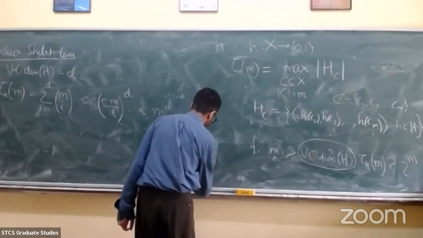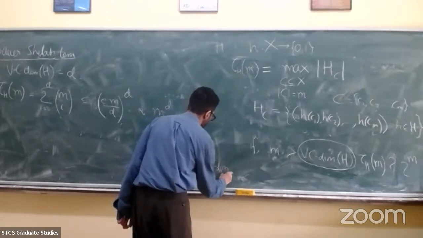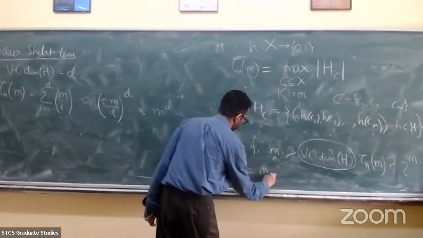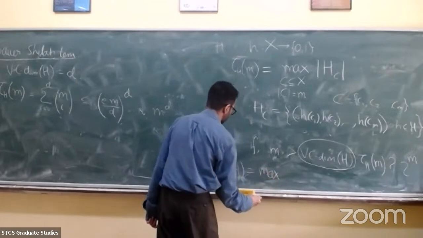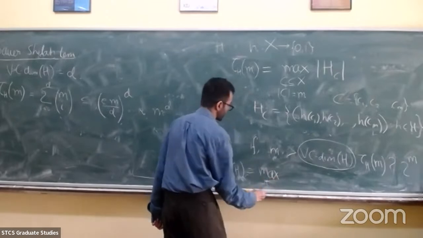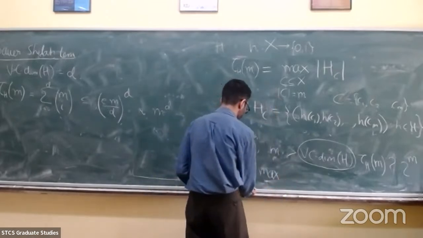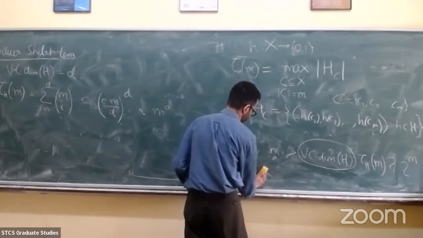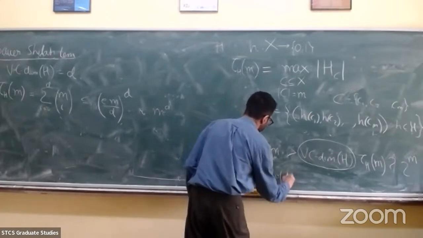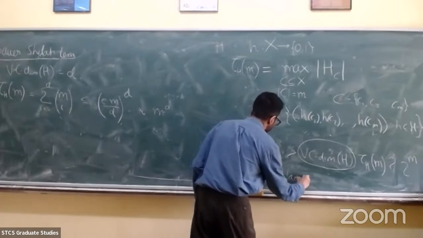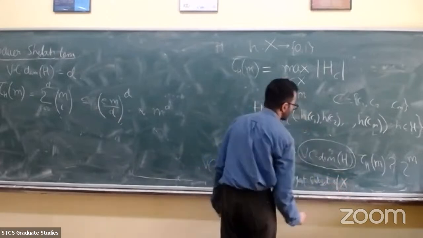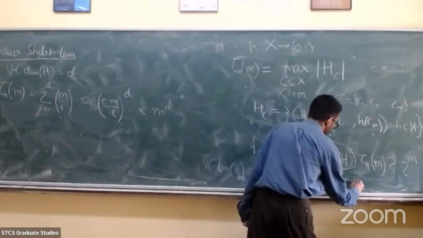So VC dimension: the maximum over t such that, I'll just write it in English, the size of the largest subset of X that is shattered.